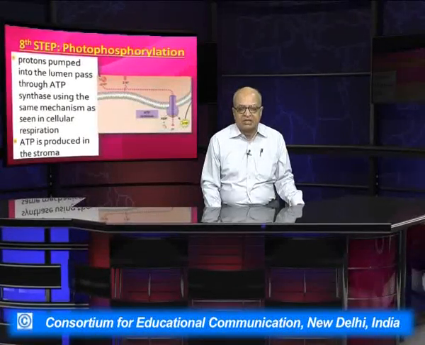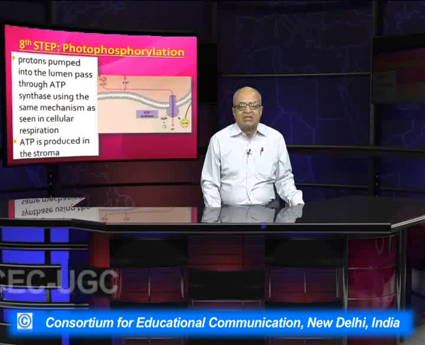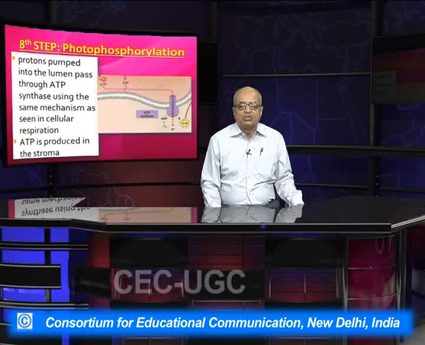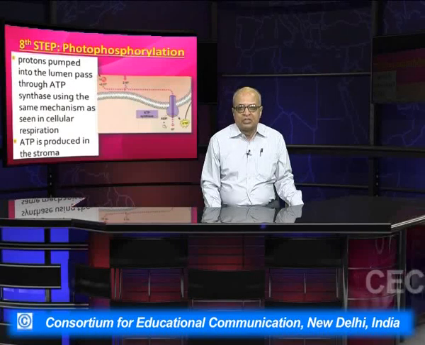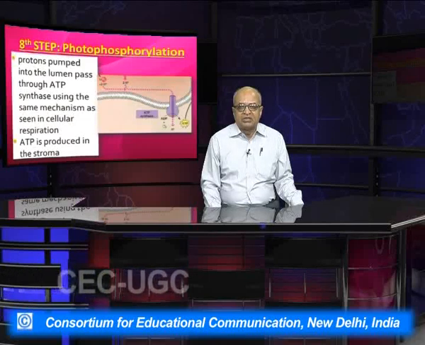We will discuss at length about this subsequently, and ATP is produced in the stroma. I would repeat, ATP is produced in the stroma, although the entire process is taking place in the grana.